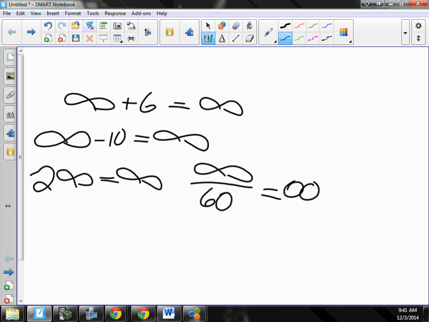Ooh, I like this. How about negative 2 times infinity? Negative infinity. Right? Okay, here's a hard one. Infinity minus infinity. We don't have enough information, because not all infinities are the same size, right?